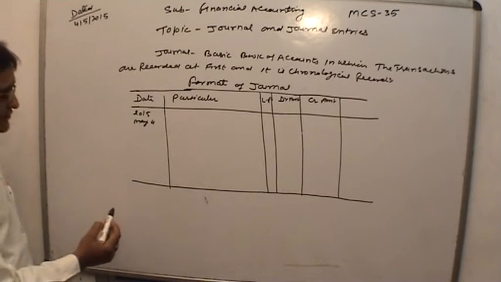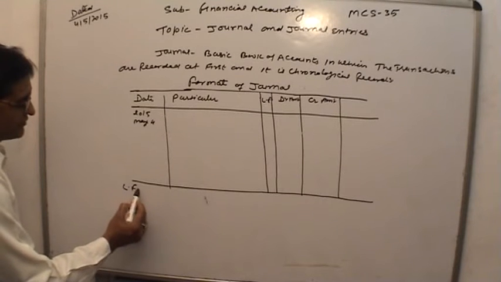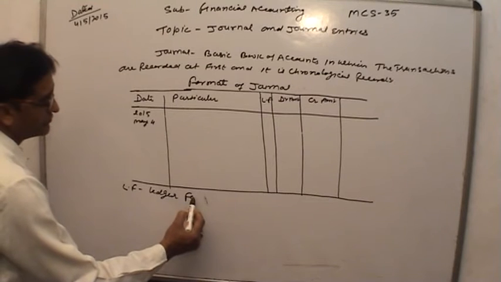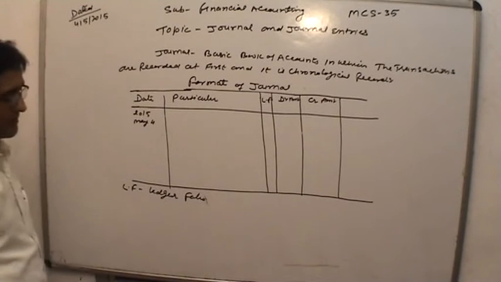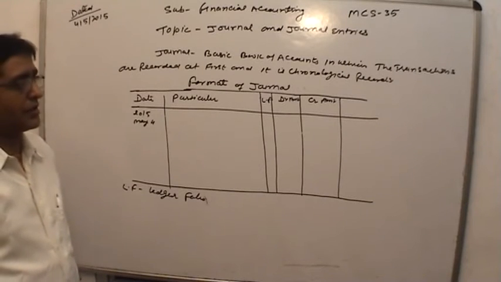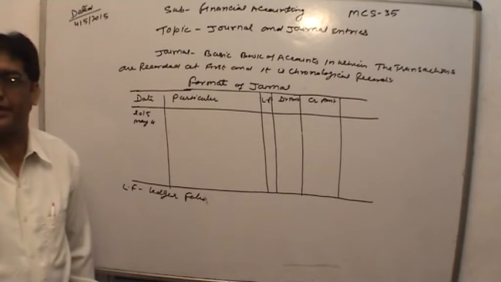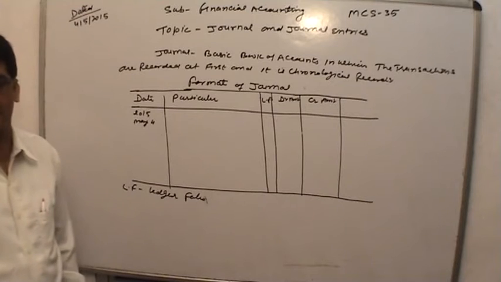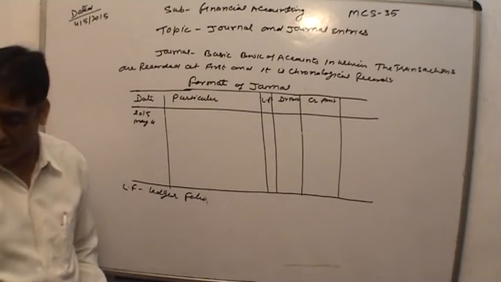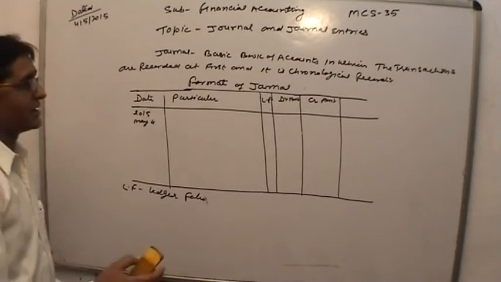LF stand for ledger folio. And now, how the transactions are recorded or journalized? Then we have taken imaginary examples.